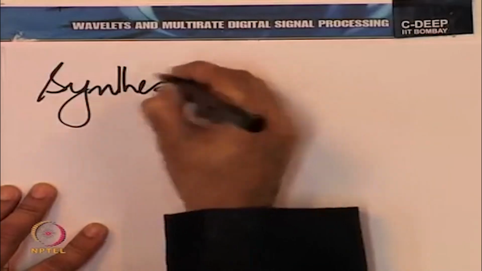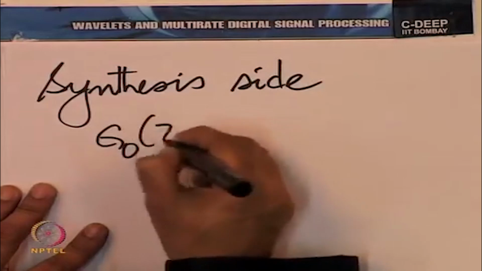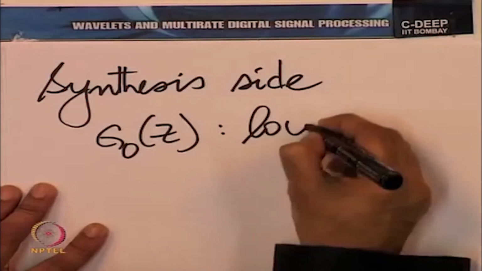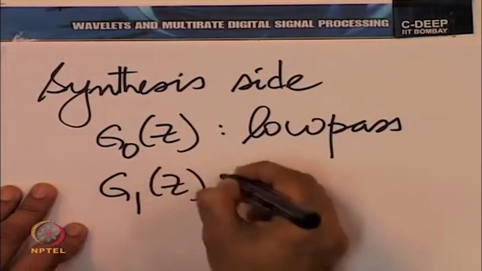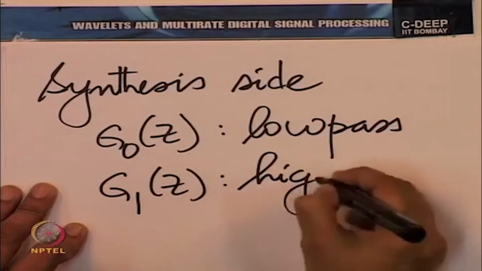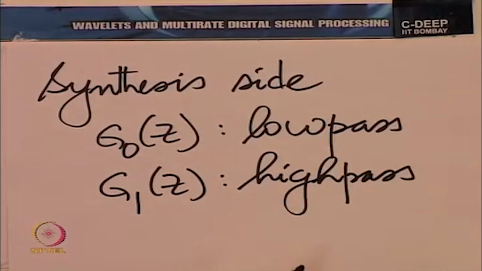Synthesis side, G 0 Z, low pass filter, G 1 Z, high pass filter. So, this is the circumstance. Of course, you know where the downsamplers and upsamplers are. The relation between y z and x z is as follows.